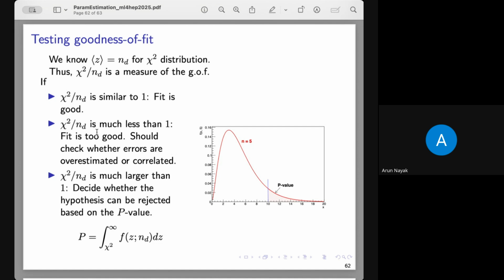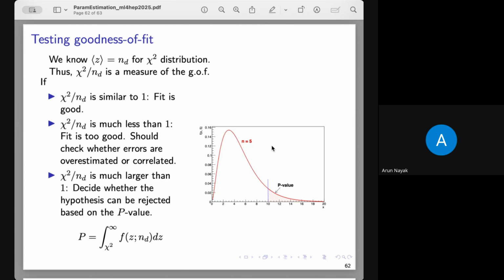On the other hand, if this ratio is much greater than 1, then we have to decide whether the hypothesis is correct or whether it can be rejected based on the p-value. So here you can see how we compute the p-value. Suppose the number of degrees of freedom is 5, then we expect the chi-square distribution to look like this. Suppose we got an observed chi-square of 10.